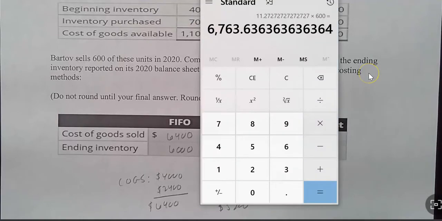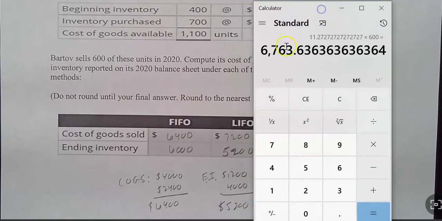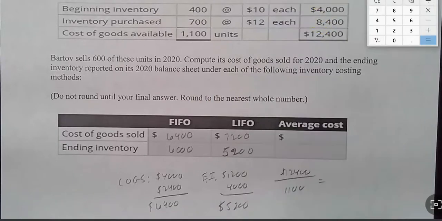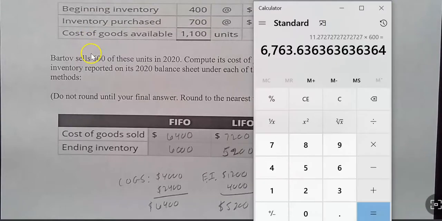So let's expand this out. Notice in your instructions it says do not round until your final answer, round to the nearest whole dollar. So 6,764.